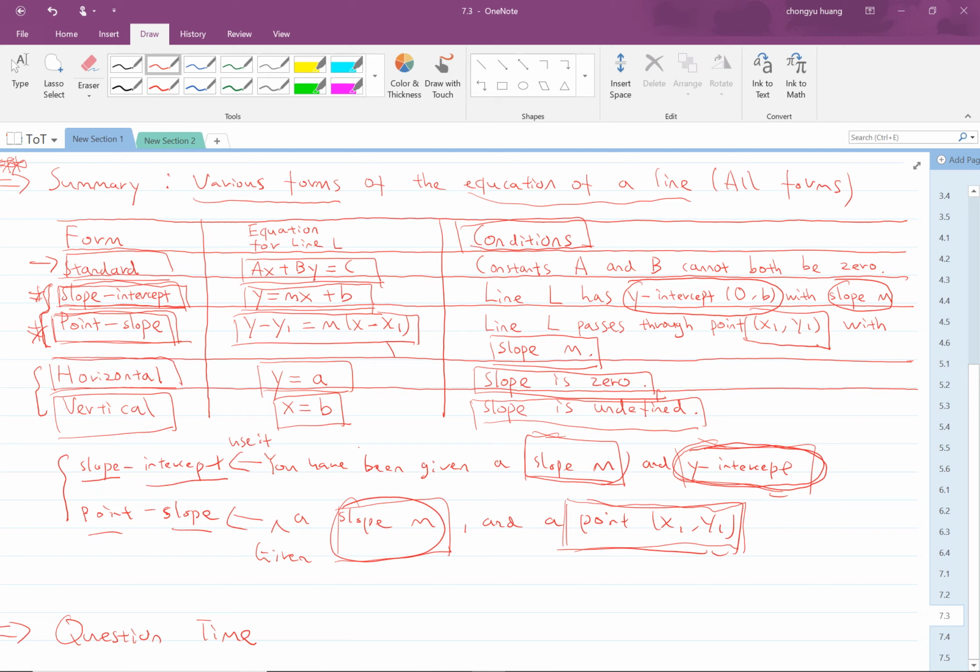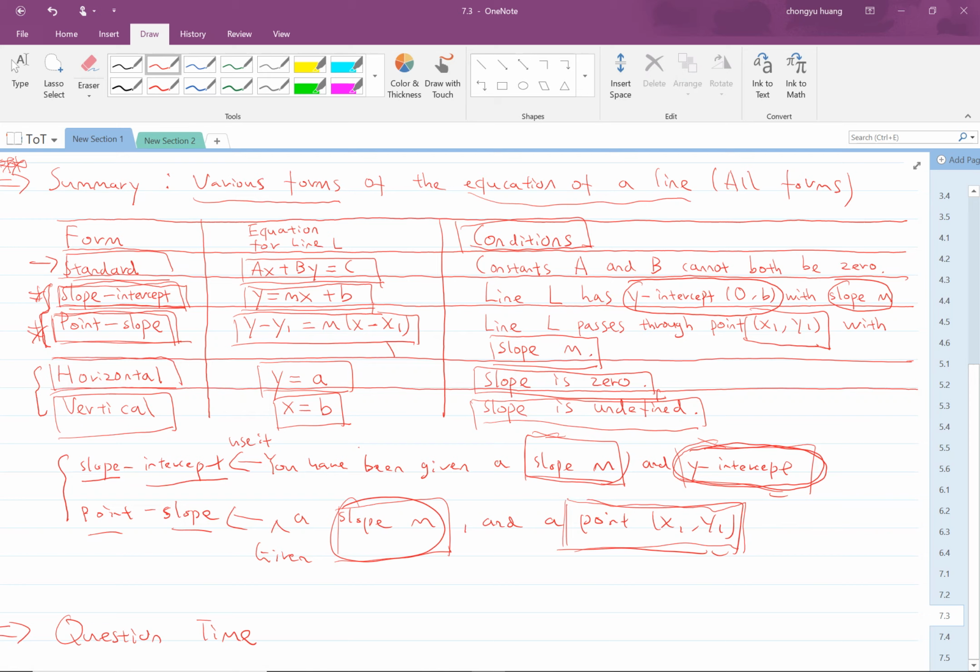Suppose you are doing a question and you see some condition, and this condition applies, then you will know how to find the equation right away. That's basically the purpose of the summary.